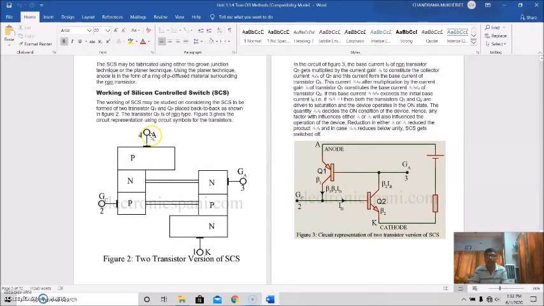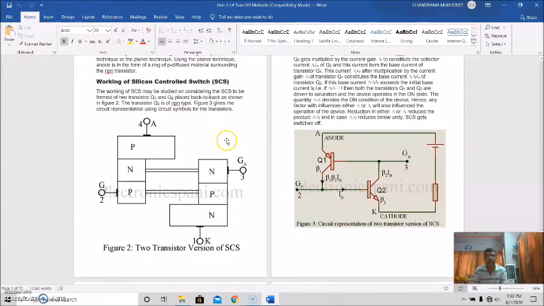This transistor Q2 is the NPN type transistor, and this figure gives the circuit representation using circuit symbols for the transistors.